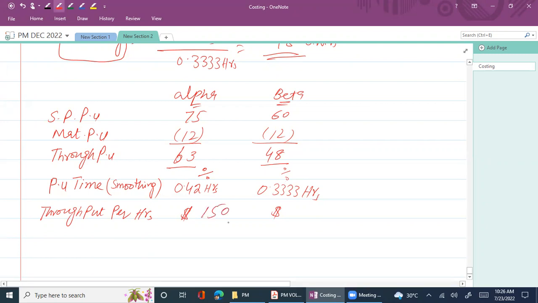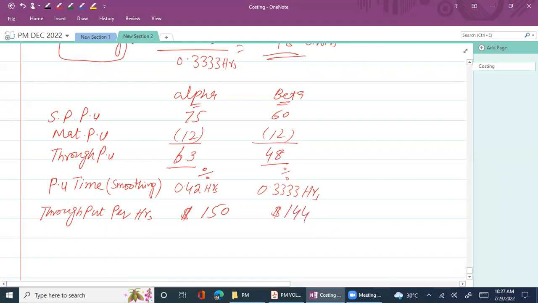This is $150 per hour throughput. And what will be for beta? $144.